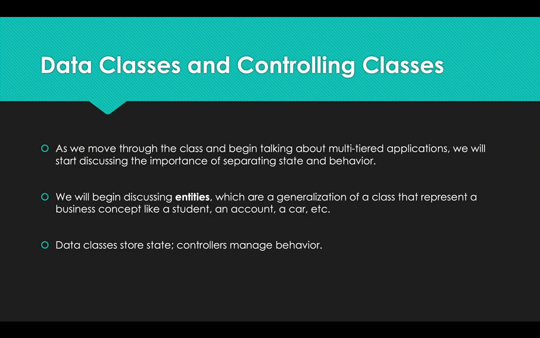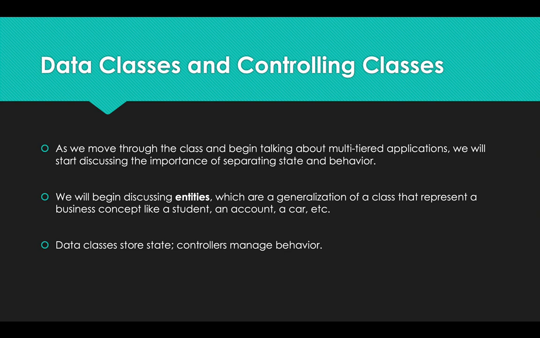One of the things that we're going to talk about going through the course is the idea that classes in the traditional object-oriented design pattern can have both state and behavior. However, we're going to look at ways to completely separate the state and the behavior of larger, more ephemeral concepts we'll begin calling entities.